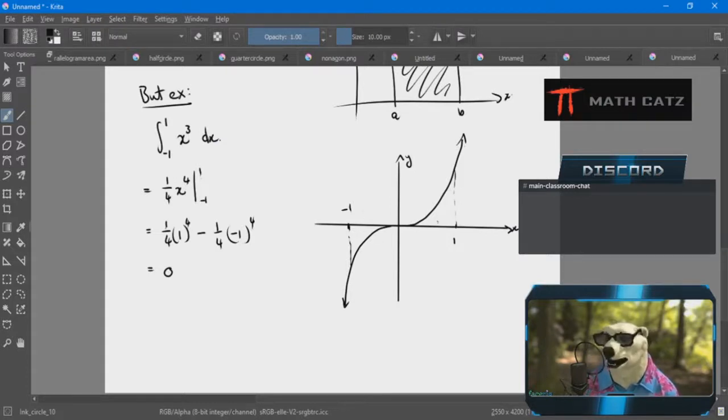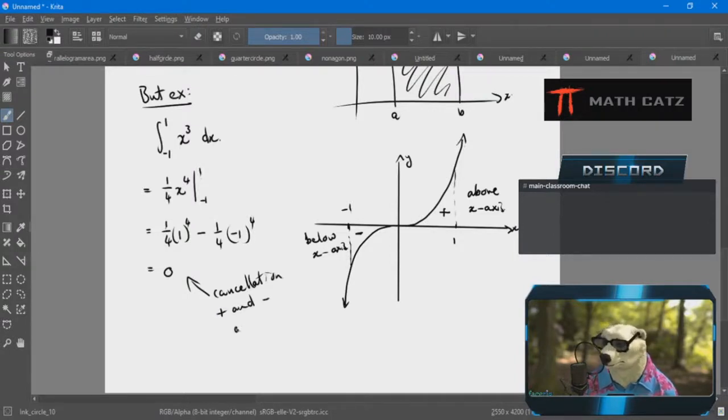It's actually associating a sign of positive with areas above the x-axis and a negative sign with areas below the x-axis. And when they're put together, there is a cancellation in positive and negative areas that happen automatically.